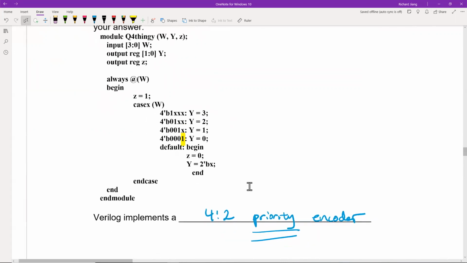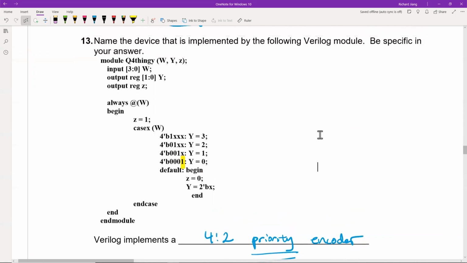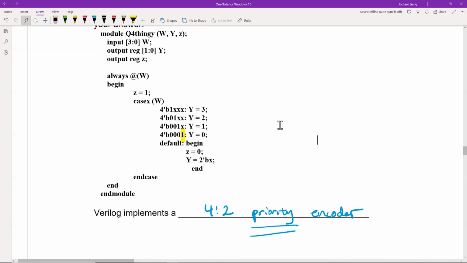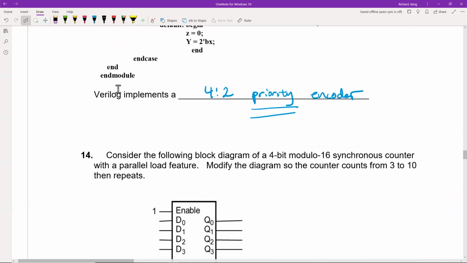Ultimately, it's a priority encoder. Priority meaning that the MSB has the highest priority, and the LSB has the lowest priority. Good? That makes perfect sense. All right, shall we move on? Go for it. You didn't have any other questions on this? No, not on that one. That one makes sense. Very good.